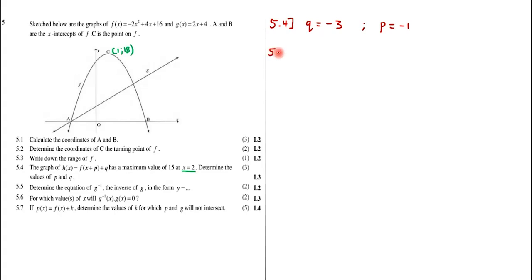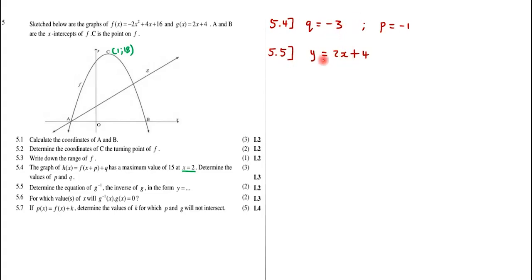And so right now let's have a look at 5.5. Now 5.5 says determine the equation of g inverse, which is the inverse of g, in the form y is equal to that. All right, we know that y is equal to 2x plus 4. To calculate the inverse, I must first solve for x and then swap the variables.